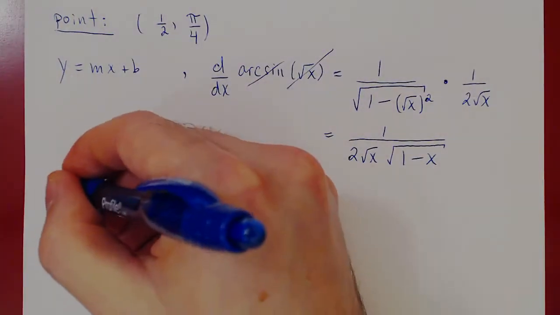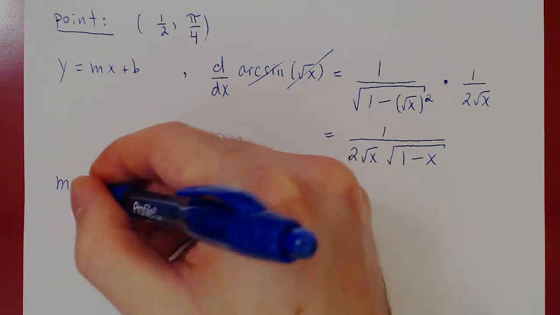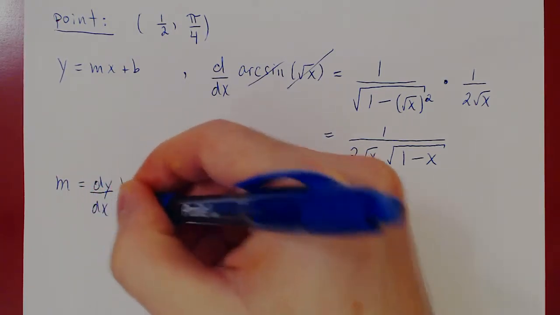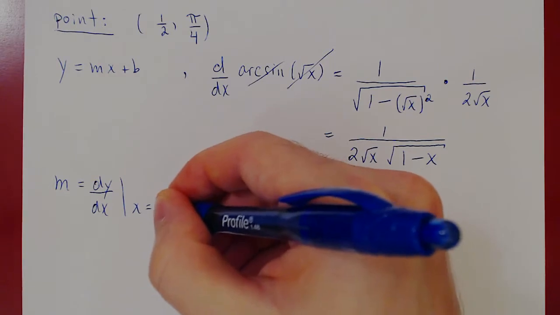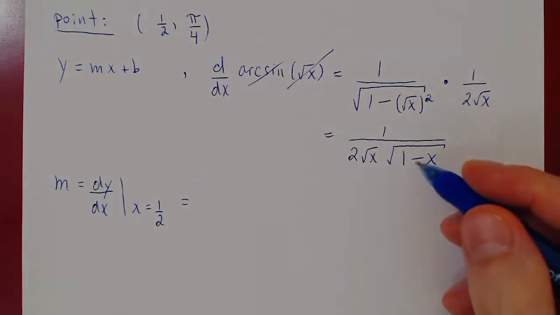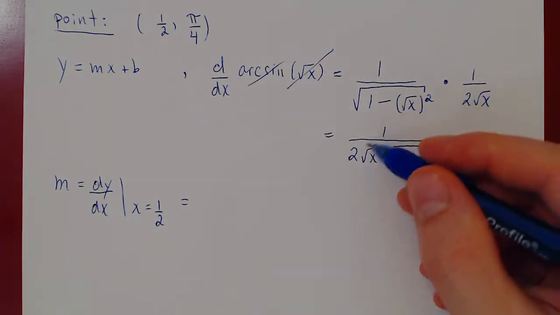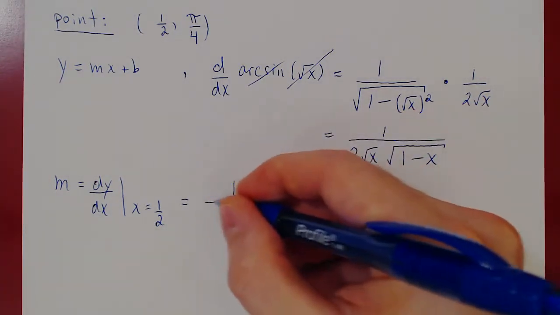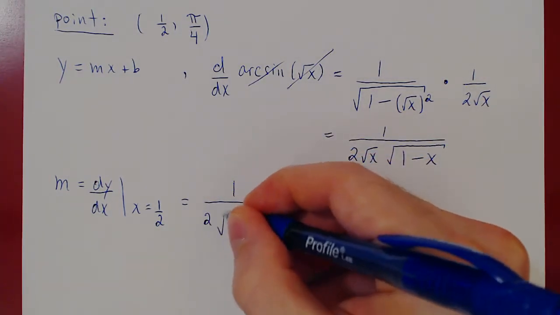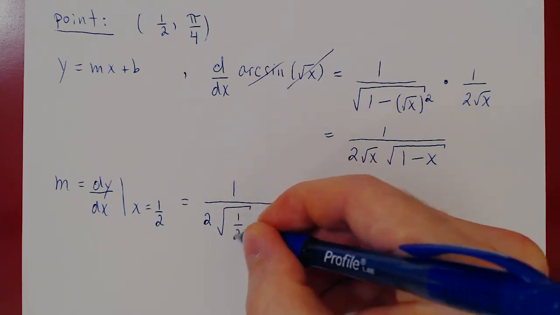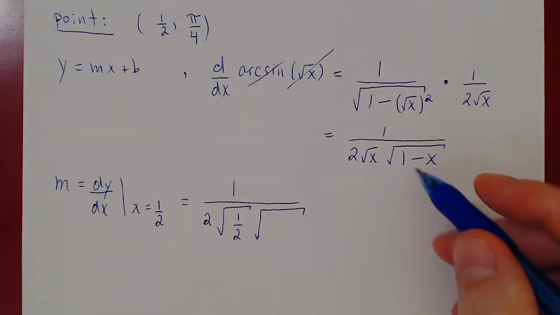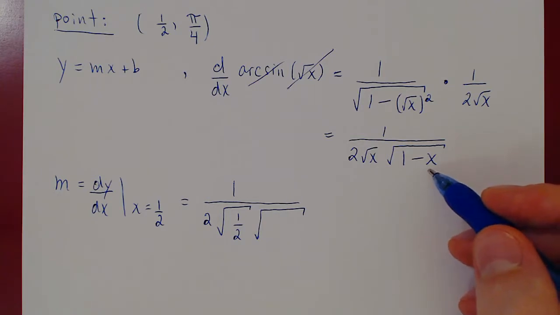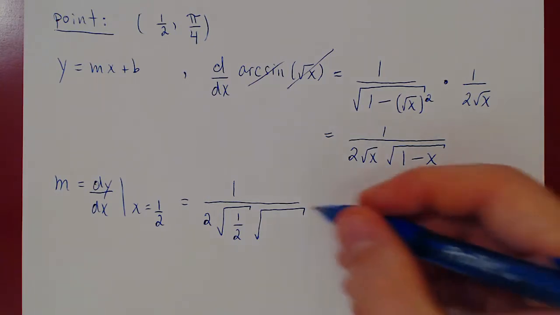So the slope is just the derivative of our function, specifically at x equals 1/2. Let's see what we get here. We'll have 1 over 2 times the root of 1/2 times the root of, and here we have 1 minus 1/2. But 1 minus a half, that's just 1/2.